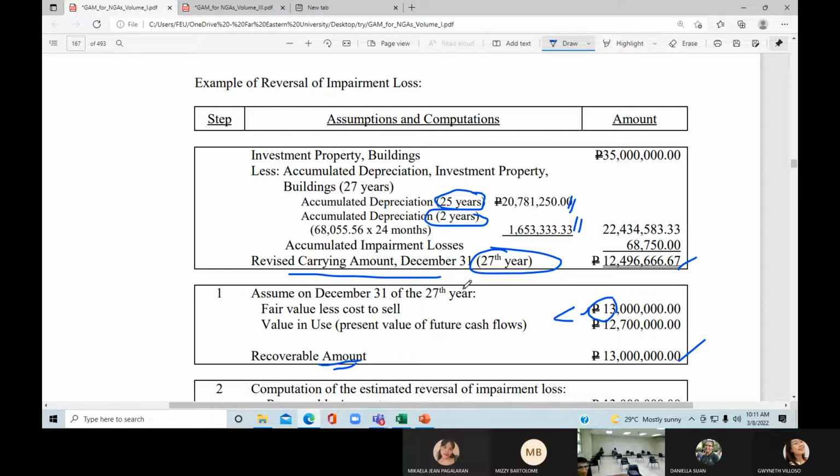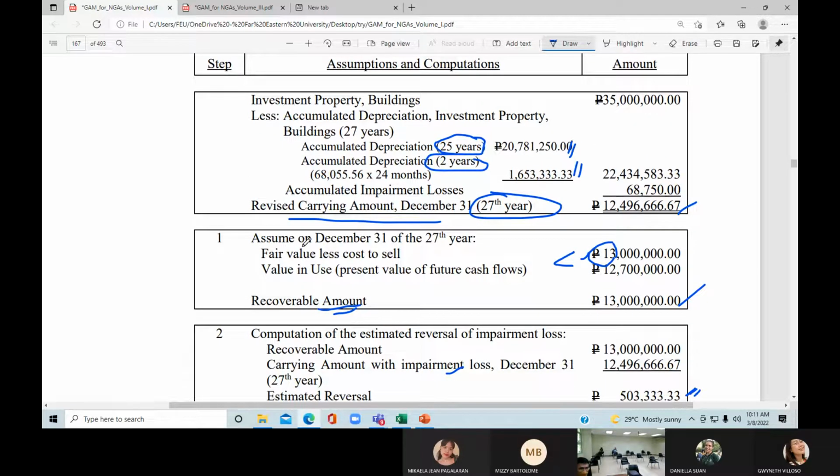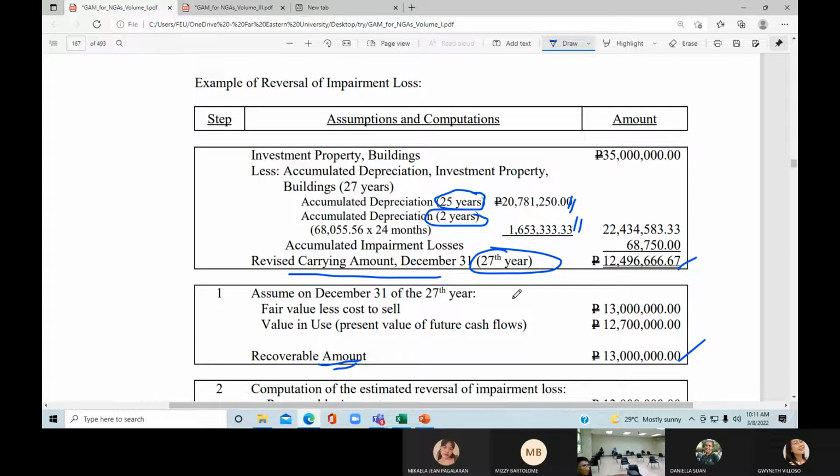Okay. So, tingnan mo dito, yung first assumption. Assume that on December 31 of the 27th year, fair value less cost to sell is 13 million and value in use is 12,700,000. So, ano bang tinitingnan mo kasi dyan? Yung recoverable amount. Baka lumaki na yung recoverable amount.